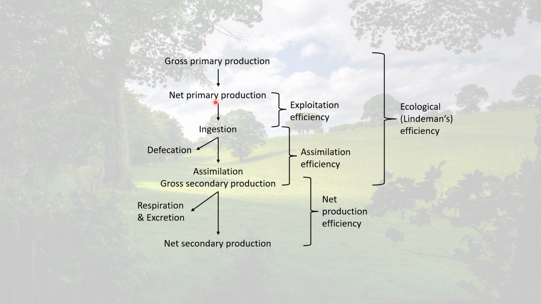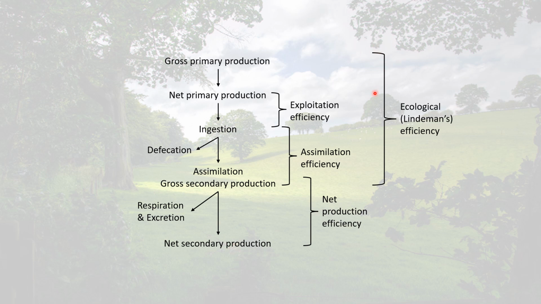In case of assimilation efficiency, food assimilated or digested divided by food ingested into 100 will give the assimilation efficiency. And when we divide net secondary production by food assimilation into 100, we get the net production efficiency.